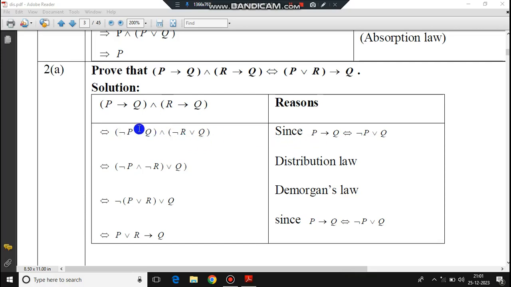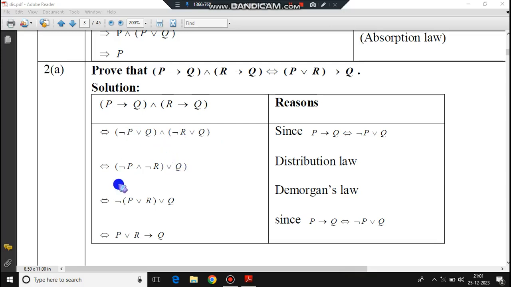Now how are we getting this step from this? Now negation P or Q and negation R or Q. So we can use here the distributive law. Okay, Q is common and this R is also common. We can take it out. Q is common, outside it take.